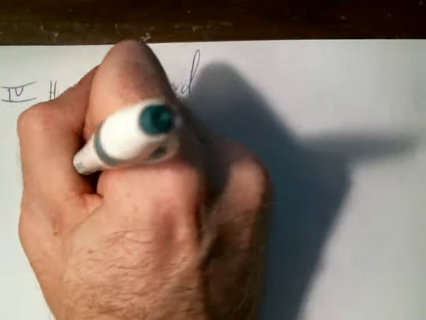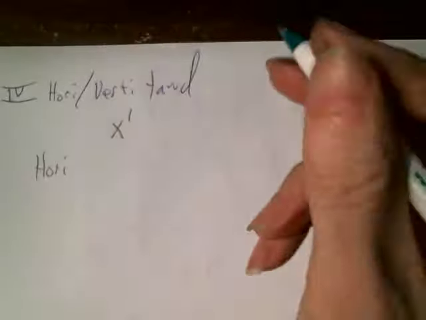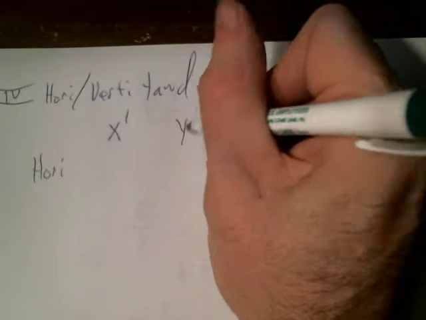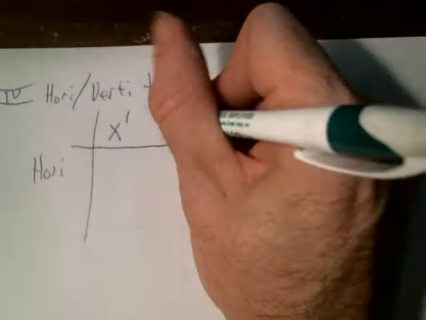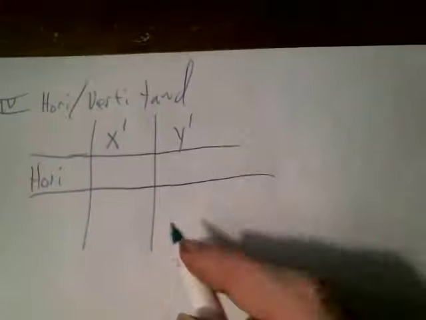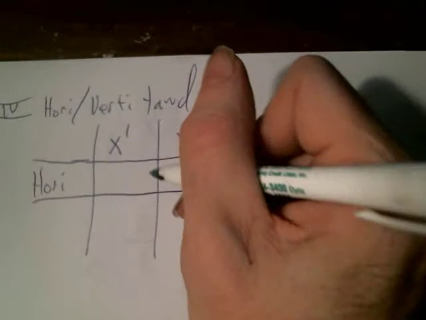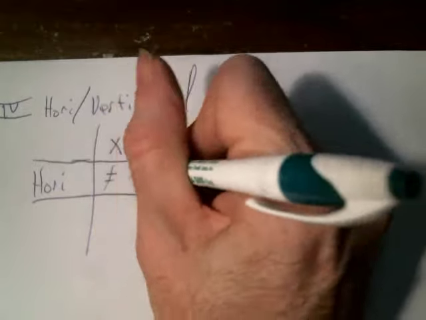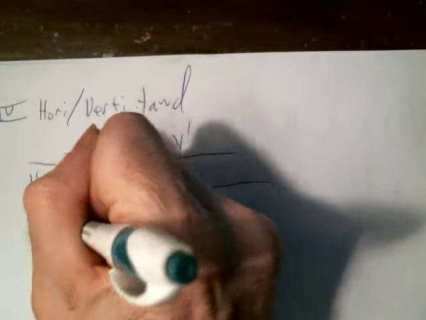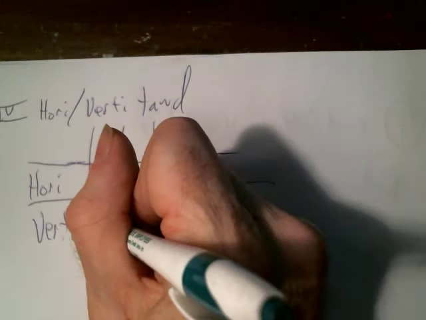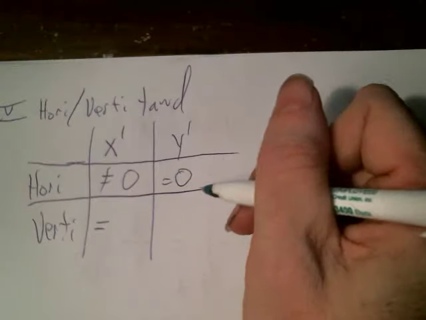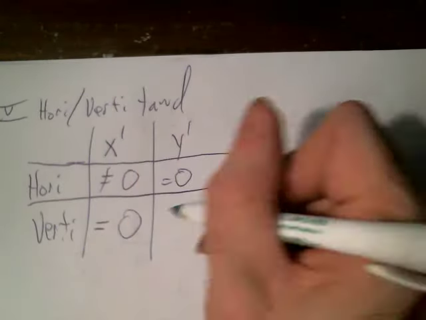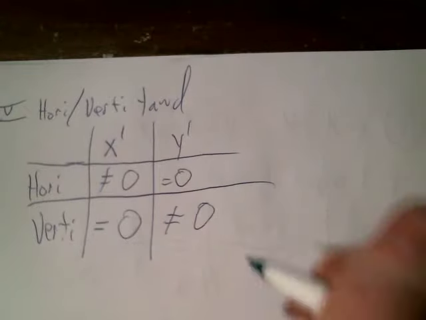And what does that come down to? Well, for the horizontal tangents, y prime will be 0 and x prime will be not 0, right? For the vertical tangent, that's when the bottom of dy over dx is 0 and the top is not, right?